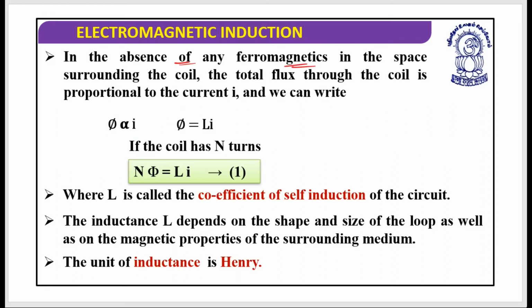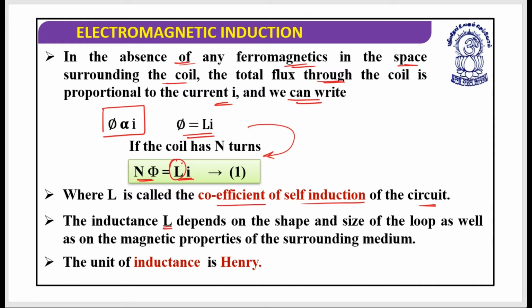In the absence of any ferromagnetic material in the space surrounding the coil, the total flux through the coil is proportional to the current I. So phi is directly proportional to the current I. If I remove the proportionality symbol, then phi is equal to L into I. If this coil has n number of turns, then I can write n into phi is equal to L into I. Here L is called the coefficient of self-inductance of the circuit.